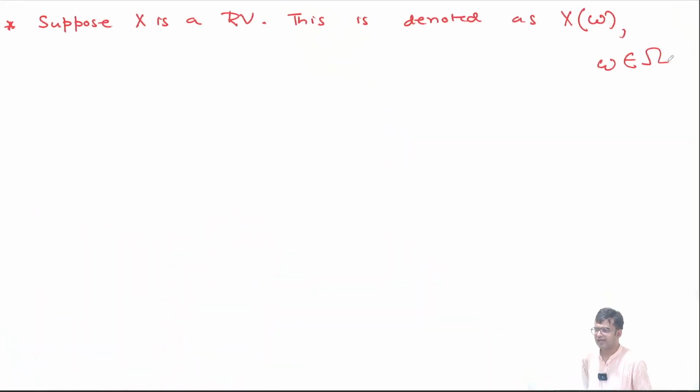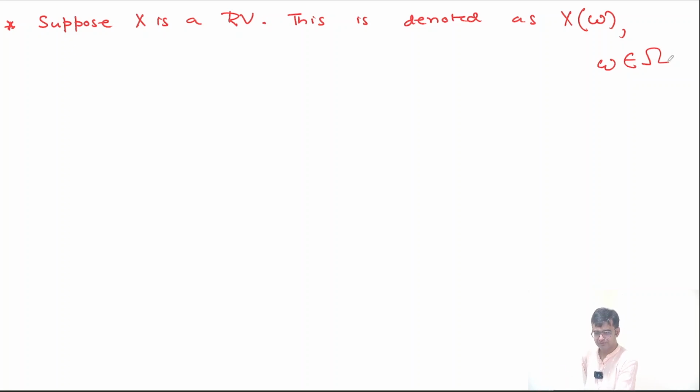So that means capital X is a function of small omega. Basically X is a random variable, and that random variable is a function of some primary random variables, which in this case is omega. And this omega comes from the probability space, which is capital Omega.